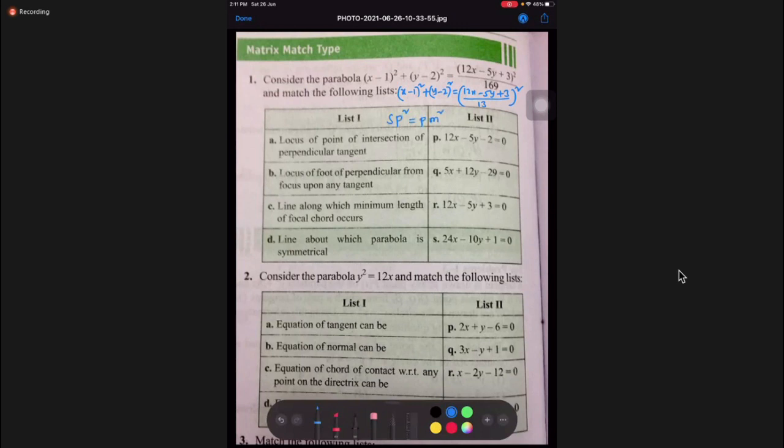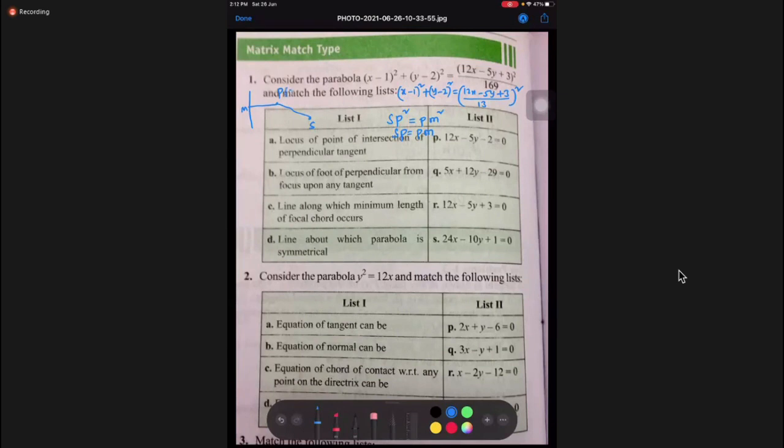Correct or not, students? All of you see, this is a fixed point S, and there is a locus and there is a line. Now from here I can say SP equal to PM, right?